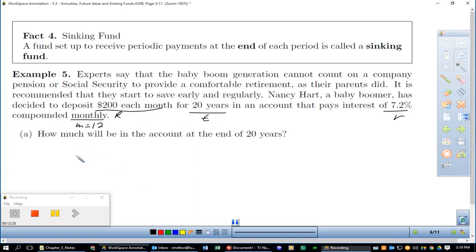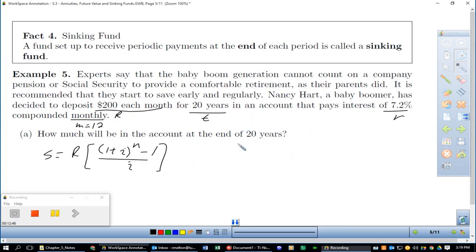All right, so we're actually going to use that formula we had before, the future value. S equals R, bracket, parentheses 1 plus i to the n minus 1, all divided by i. Now remember, when you're using your calculator, treat the brackets like parentheses. They're just big parentheses.